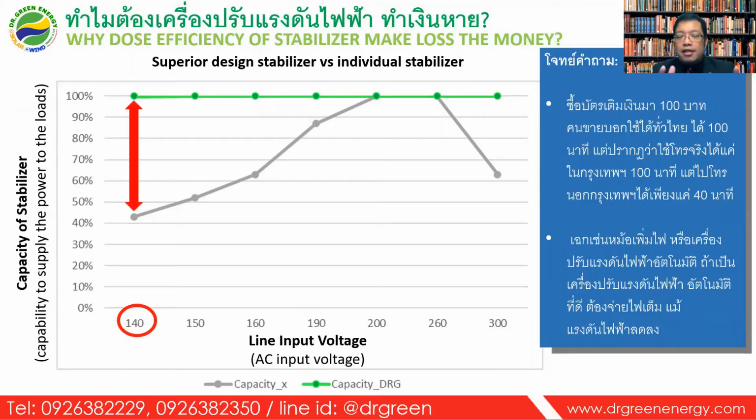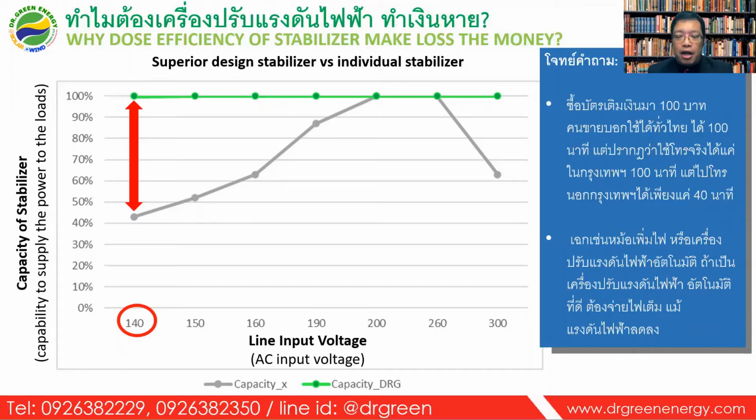So once they replaced it with our stabilizer, or changed to a good stabilizer, in this case we can call it a stabilizer that has the proper design or the superior design. So the good stabilizer, even if the voltage drops down to 140 volts as the example.